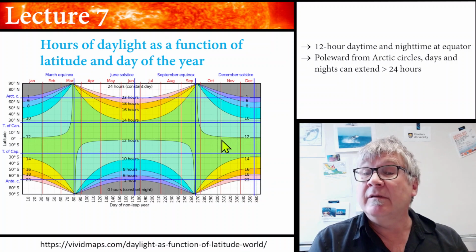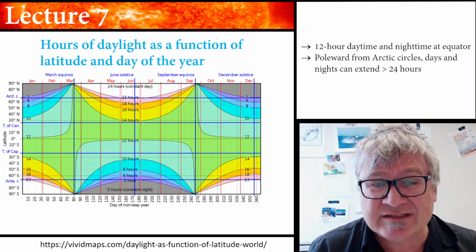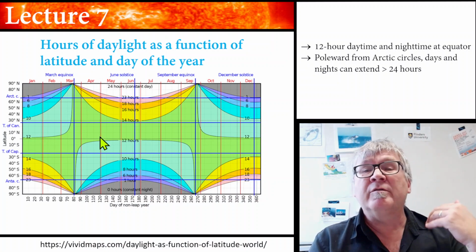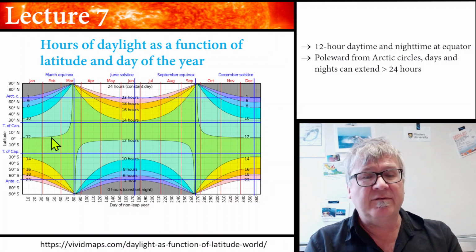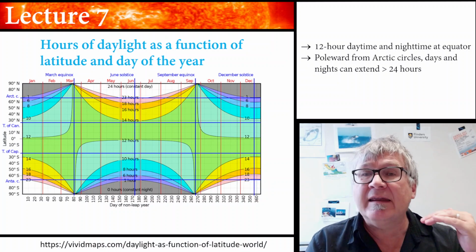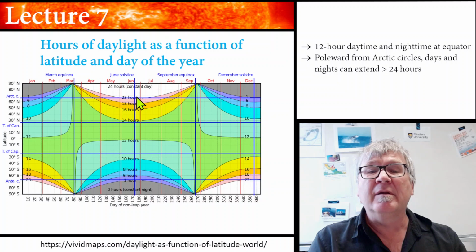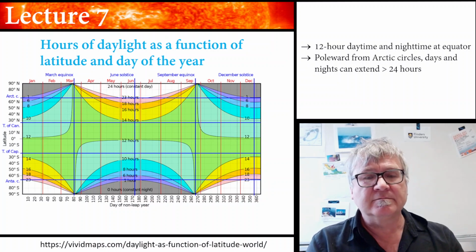But it now differs. It depends on whether you're in the summertime or in the wintertime, and on whether you're in the northern hemisphere or in the southern hemisphere. And there are actually regions where daytime can exceed 24 hours, and this can happen north of what we call the Arctic Circle.